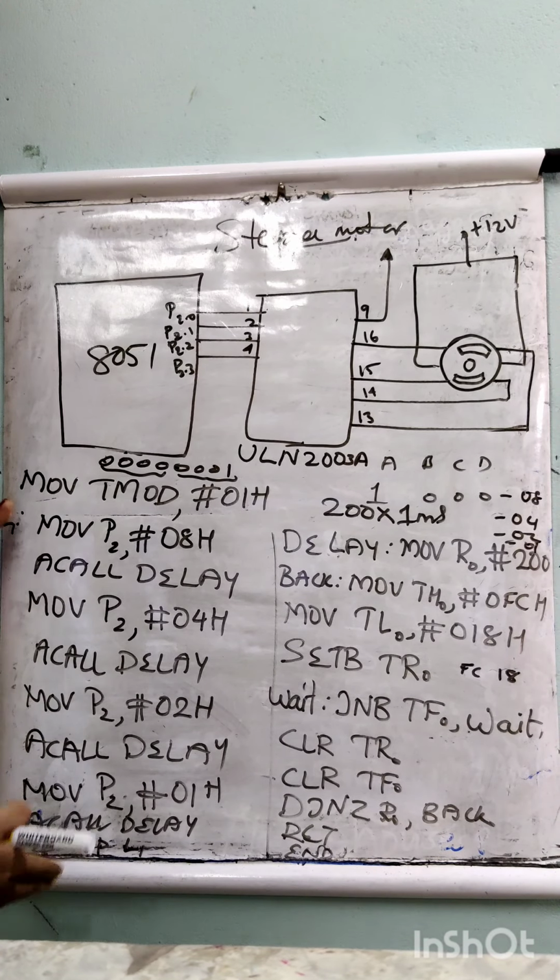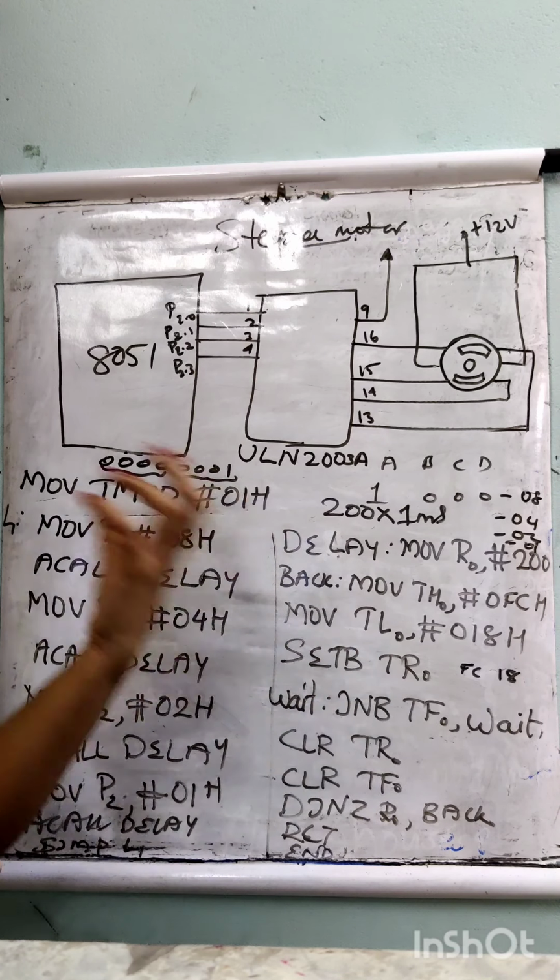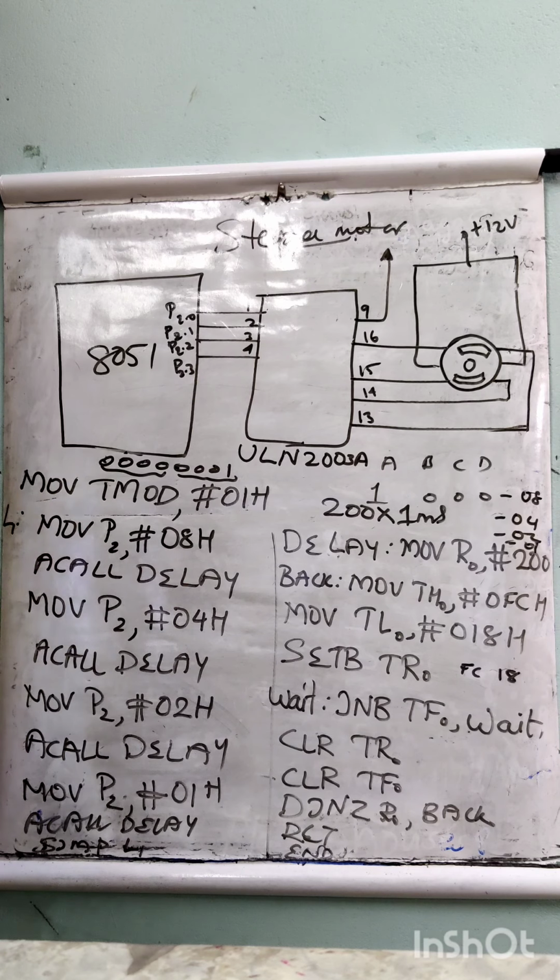So why do we go for a delay? Delay is the time taken. We give a time from one step to the next. That time can be calculated by converting the time which you are planning to keep that step to a hex value and feeding it to the lower and higher bytes of timer 0.